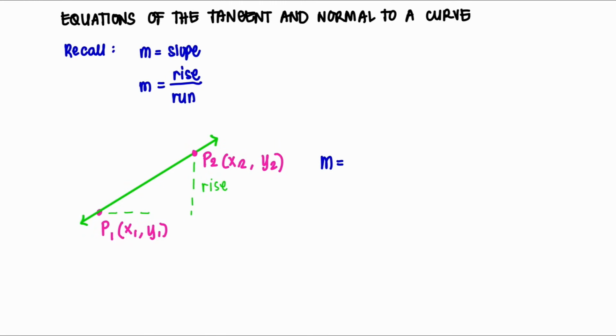And the run is the horizontal distance between point 1 and point 2. These two are perpendicular to each other, meaning they form a 90-degree angle. So the rise is the difference between the ordinate of point 2 minus the ordinate of point 1, divided by the abscissa of point 2 minus the abscissa of point 1. That's how we find the slope of the line.